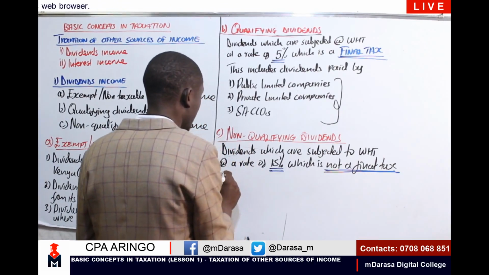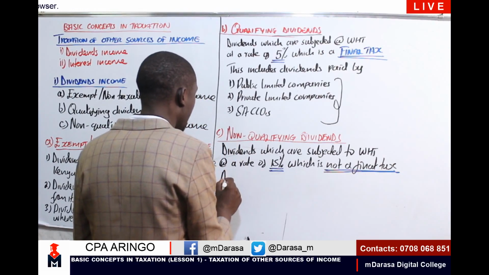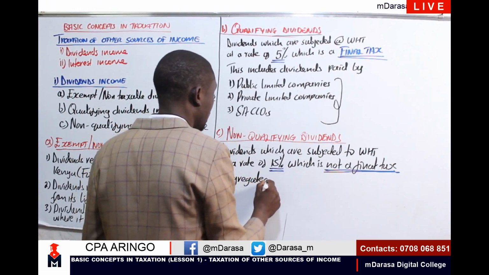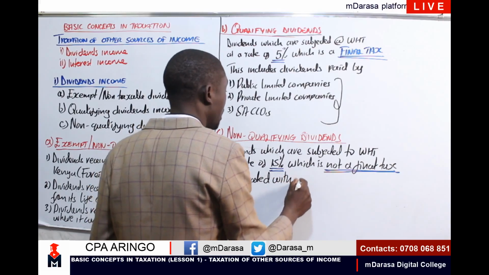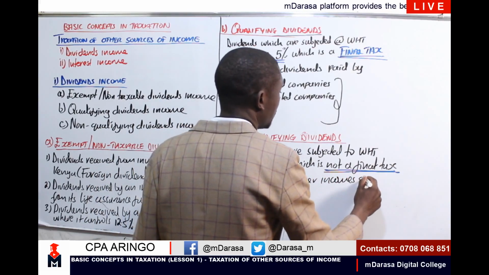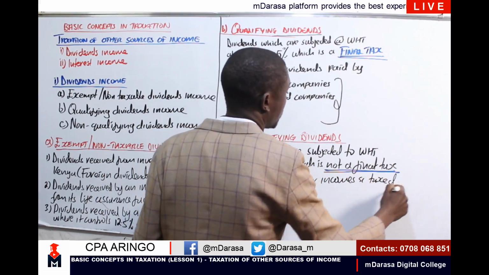So we are saying that these dividends are going to be aggregated with other incomes and taxed further.